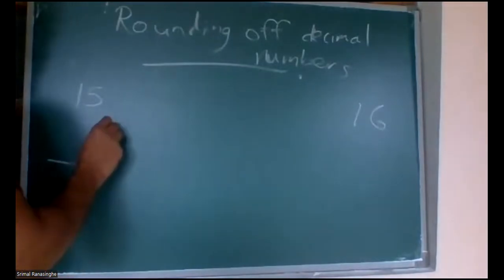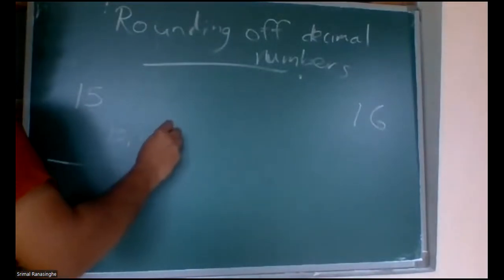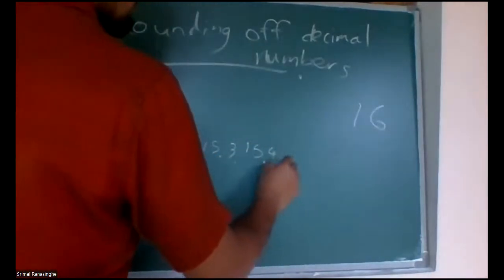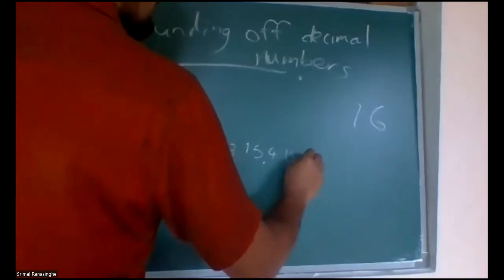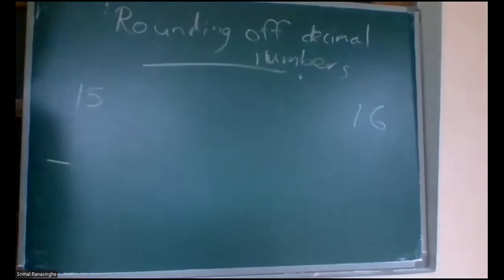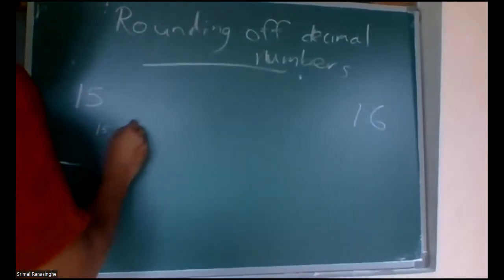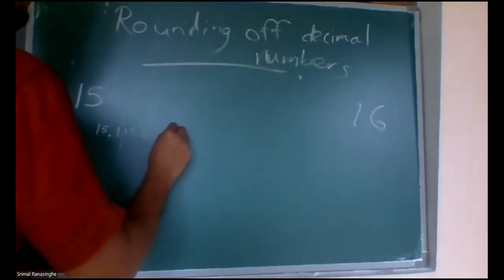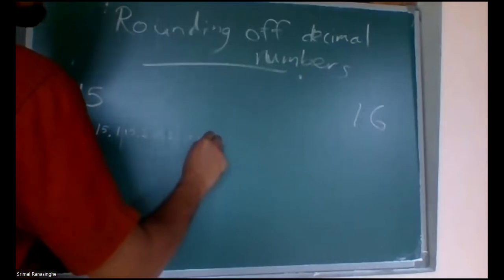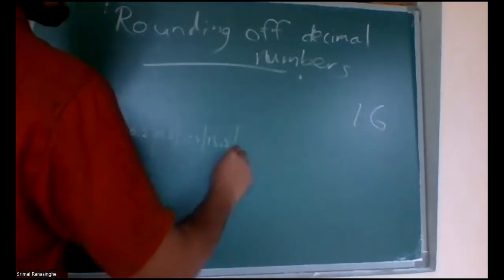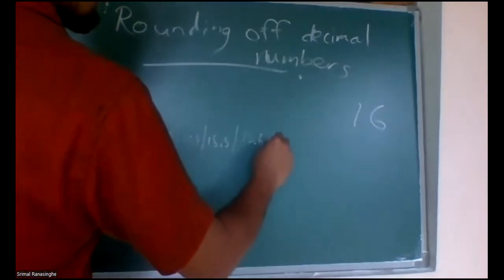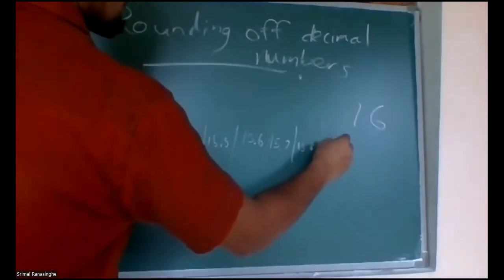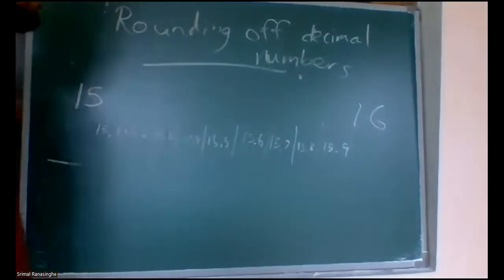Assume like this: we have 15.1, 15.2, 15.3, 15.4, 15.5, 15.6, 15.7, 15.8, 15.9, and 16 is here, right?